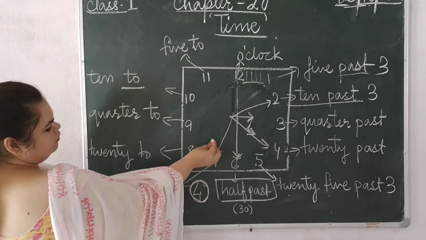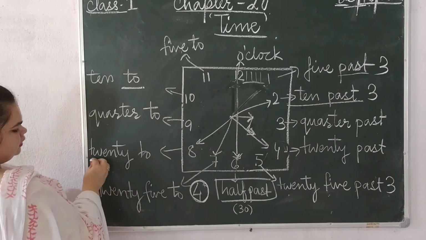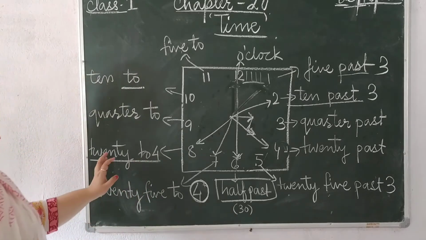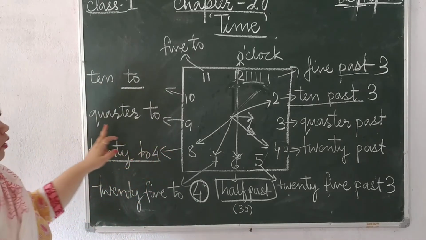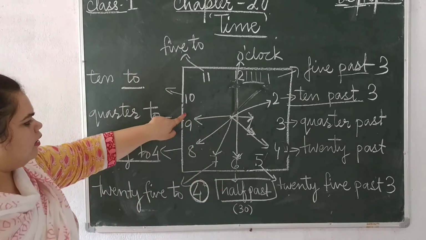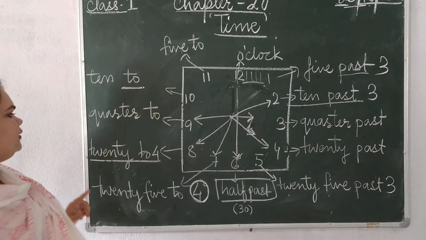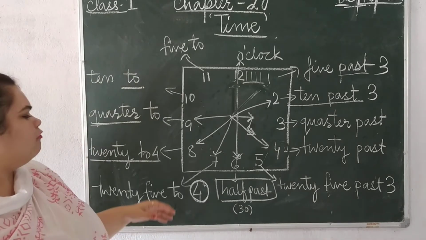The same way, when it comes to number 8, the time is 20 to 4, which means 20 minutes left to be 4 o'clock. When the big hand travels to number 9, there are 15 minutes left. So 15 minutes means quarter. We never say 15 past, 15 to.